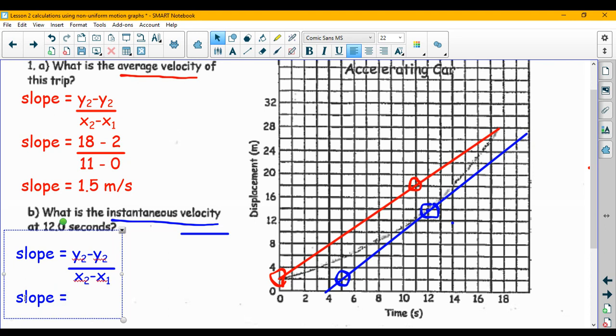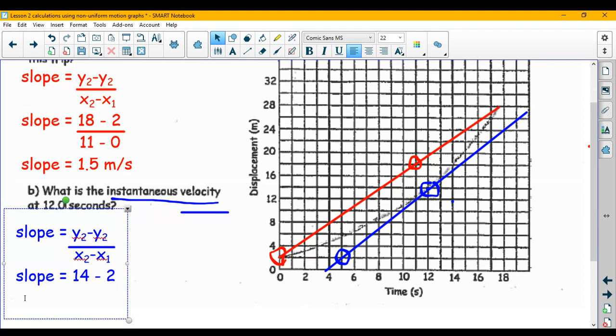So I'm going to determine my slope by finding that number. So I know I'm at 14 and 2 on the top. And then my bottom numbers we found were at 12 and 2. No, I've done the top one wrong. So it should be at 14 and 2 and 12 and what is that? 5? Excellent.